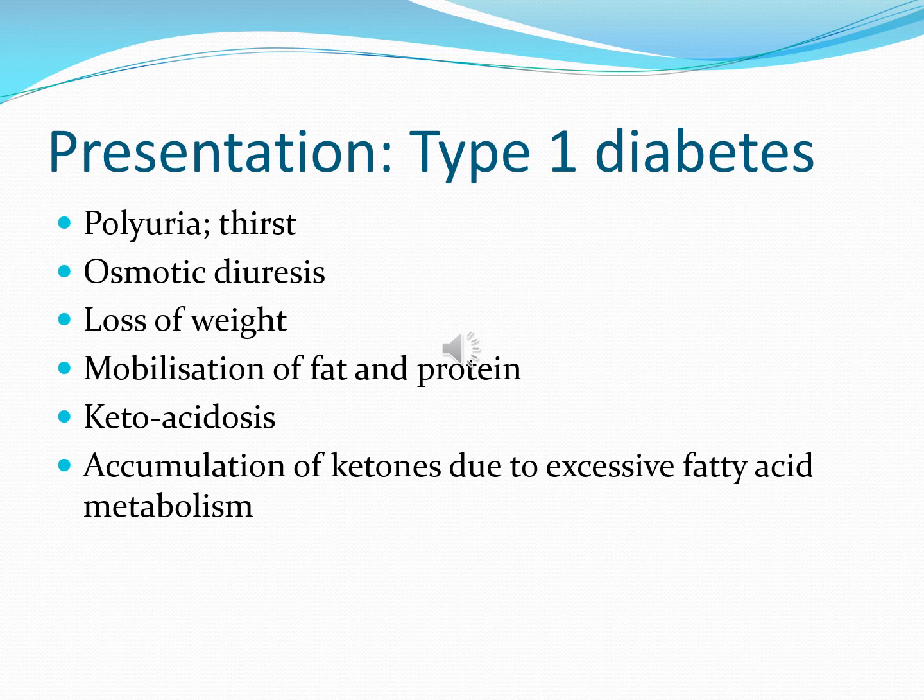So patients present with polyuria, which is increased urination and therefore thirst, and this is an osmotic diuresis, and that simply means due to osmosis, you've got increased glucose filtered through the kidneys. That's going to pull water out of the body. Loss of weight, because you're mobilizing fat and proteins because you can't actually use the glucose, and fatty acid oxidation leads to ketoacidosis.